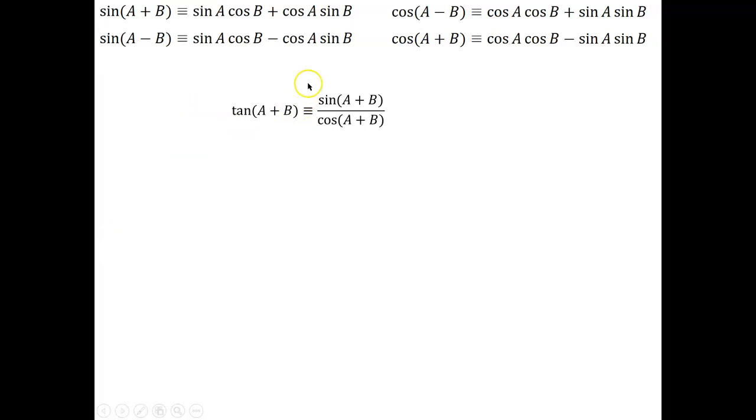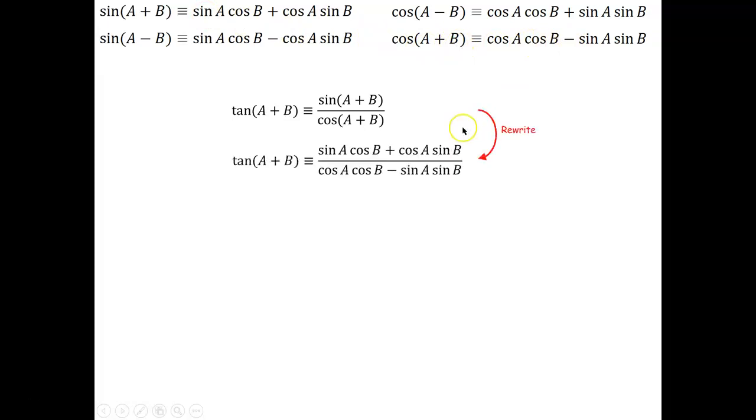So let's use those to find identities for tan (A plus B) and tan (A minus B). So from previous lessons, we know that tan of an angle is identical to sine of the angle divided by cos of the angle. So I can take my identities for sine (A plus B) and cos (A plus B).